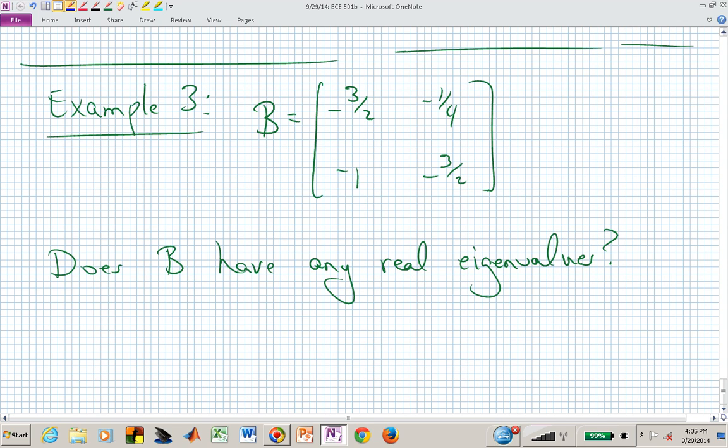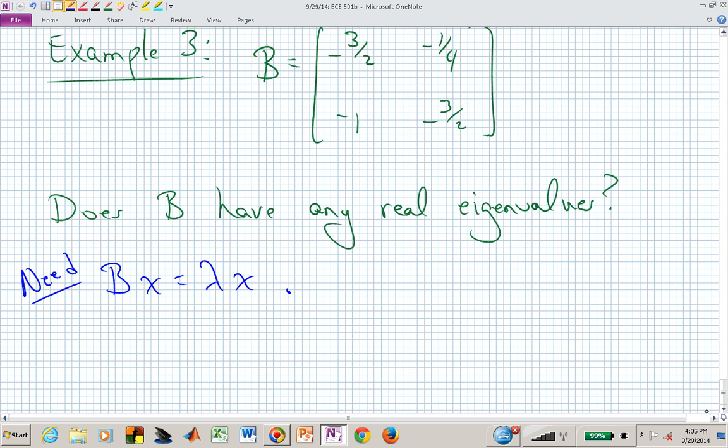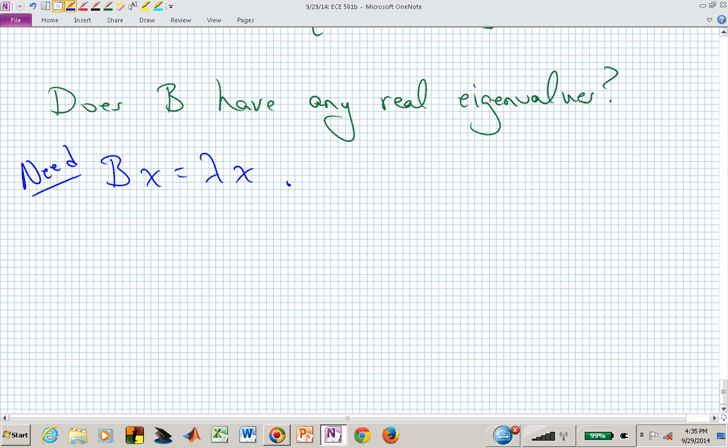If we are looking for eigenvalues, we are trying to have those satisfy the eigenvalue eigenvector equation, and so we need Bx to equal some scaled version of x. And to check that out, let's just go ahead and let x be some variables, x sub 1 and x sub 2.